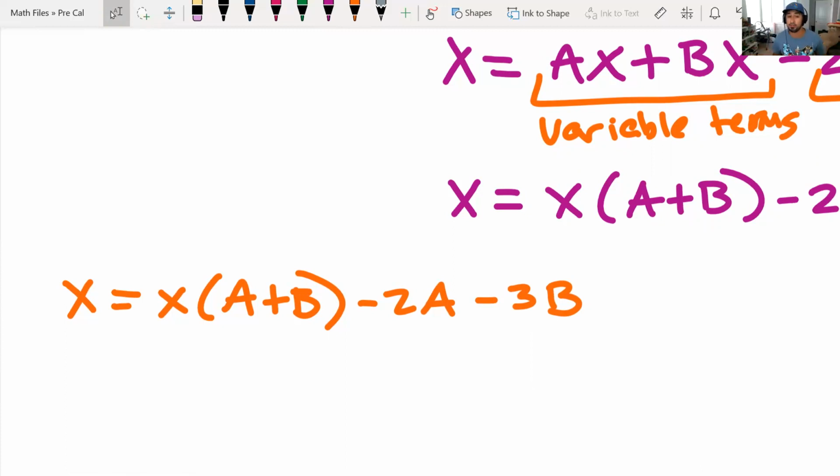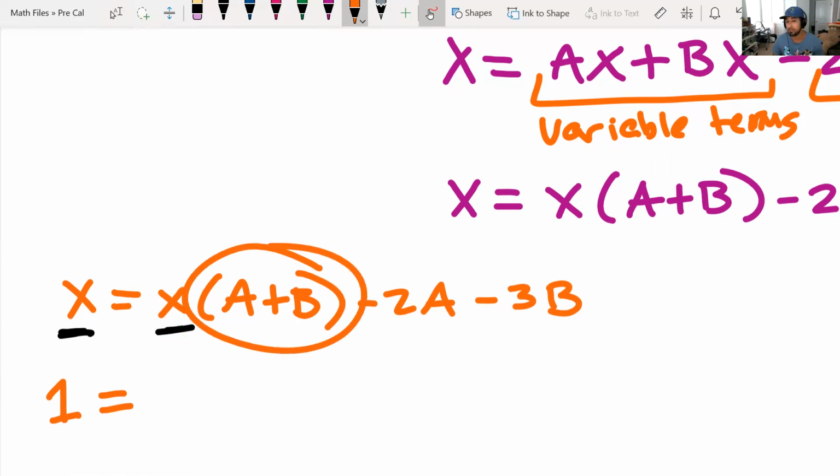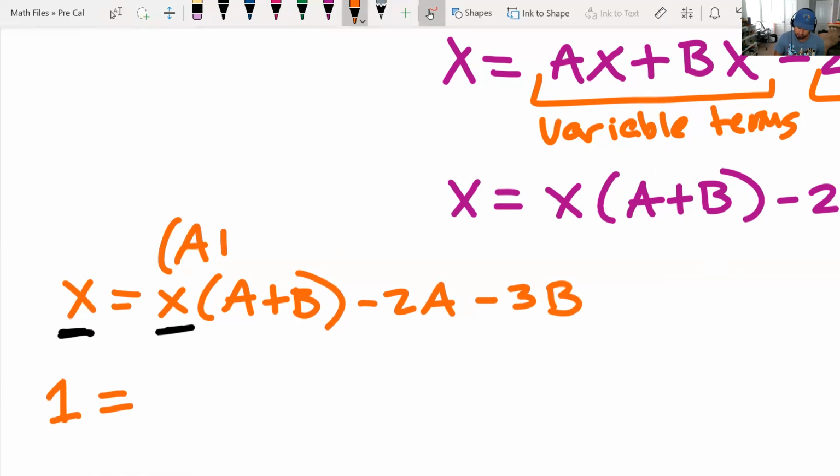We equate the coefficients, right? Okay. We have an x here, we have an x here. Well, what is the coefficient of this x? What is the number in front of that? That is a 1. Equal to the coefficient of this x, which is a plus b. I guess I could write it as a plus b times x to make it look more like the coefficient. Which means that 1 gets set equal to a plus b.